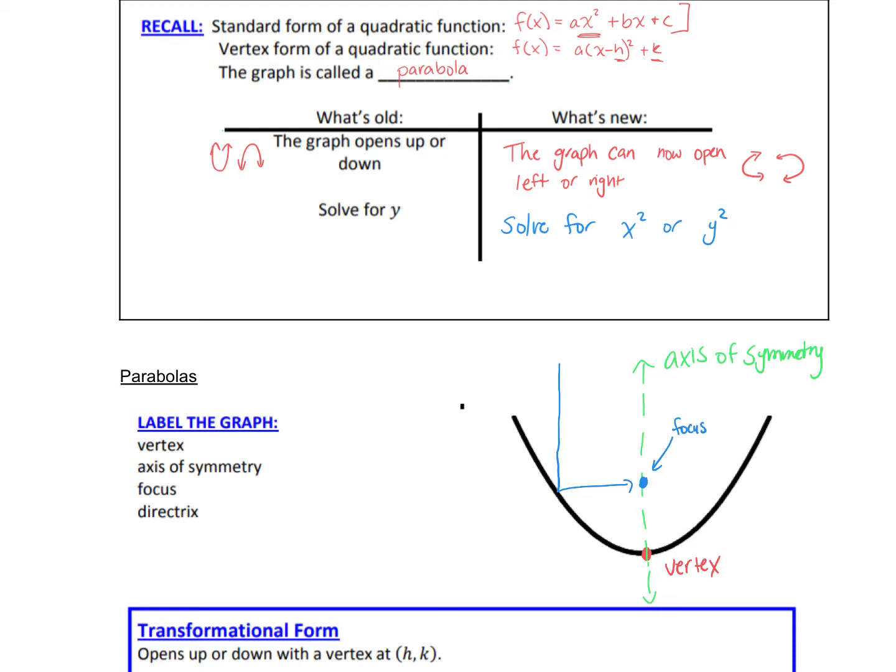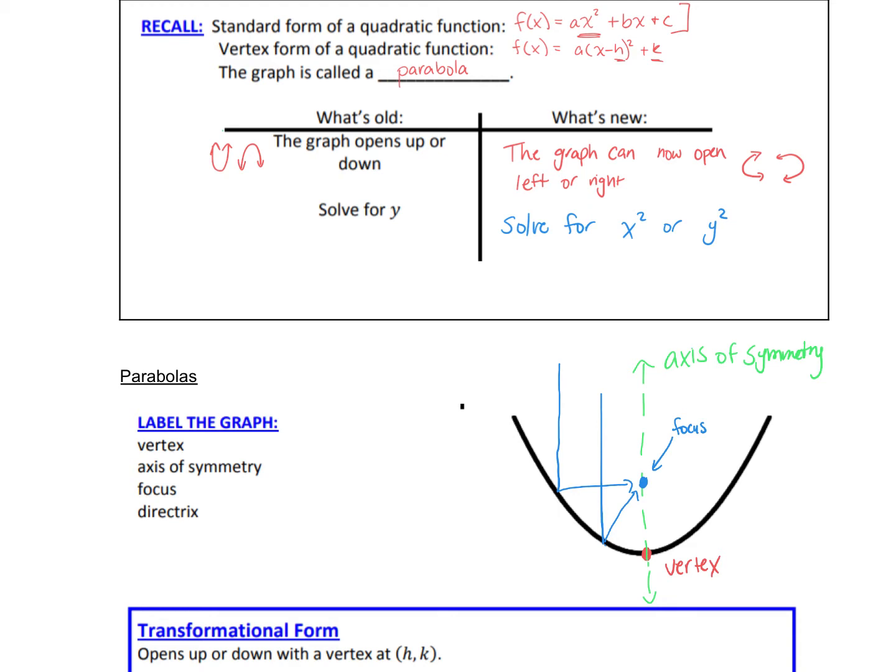So again, if I have this point that just kind of drops right down here, it's going to bounce off and it's going to hit that focus every time. So that focus is an important thing. I think about a satellite dish when I think of a parabola, right? You probably haven't seen these a lot recently, but a satellite dish, right?